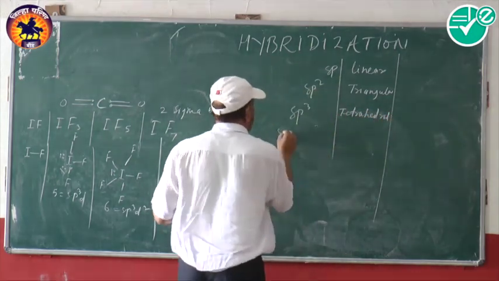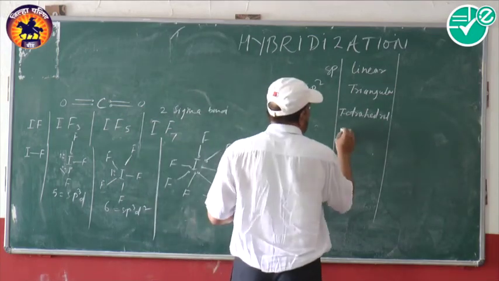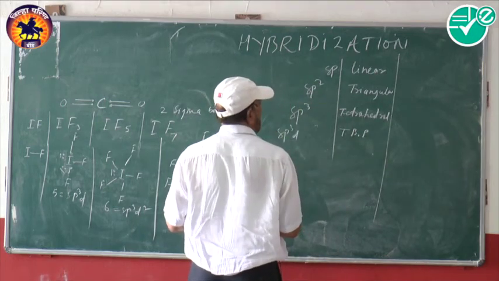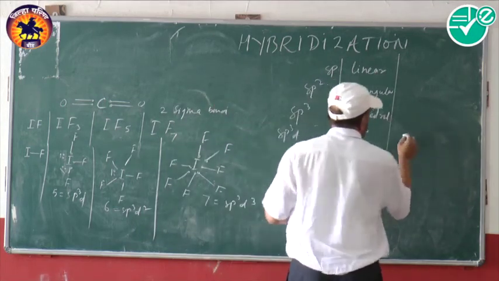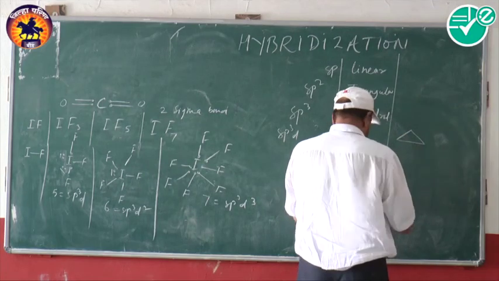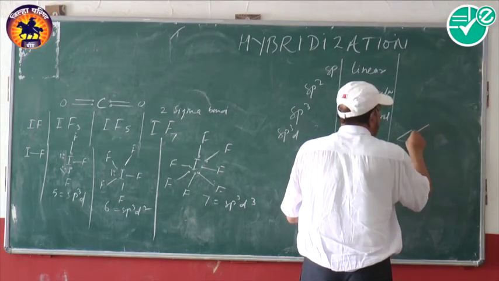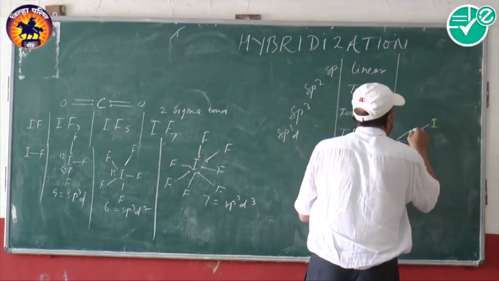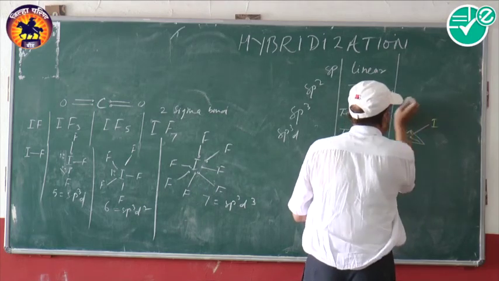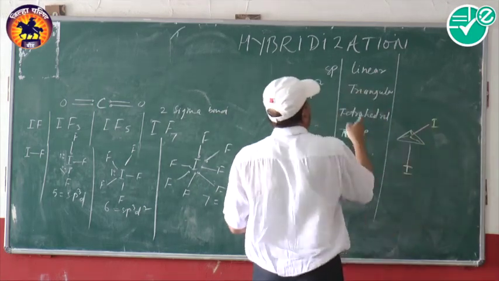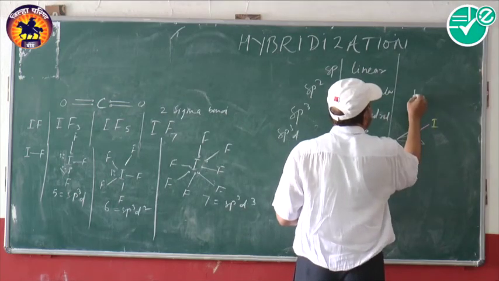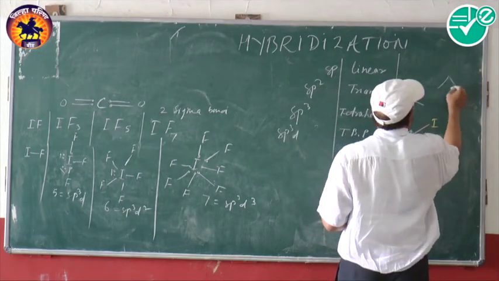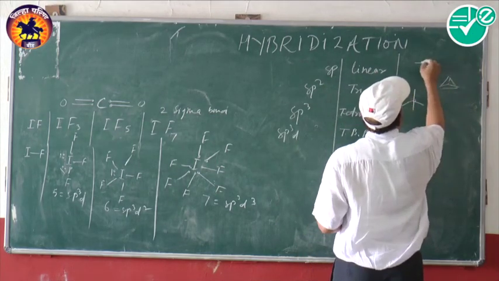Similarly, for sp3d, trigonal bipyramidal. For tetrahedral, it will be like this. For triangular, regular, this one, and for linear, it is regular.